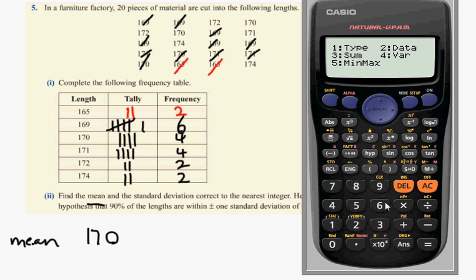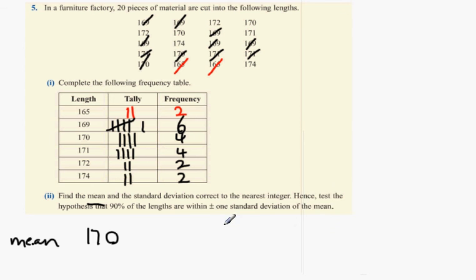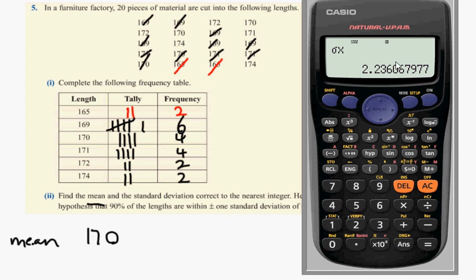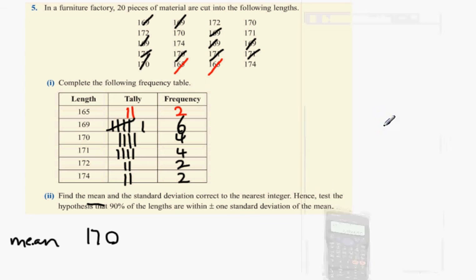Shift Stat 4. Sorry, 3 is the standard deviation. You press 3 to get the standard deviation. Standard deviation is 2.24. It says to the nearest integer, so I should put that to 2. Standard deviation equals 2.